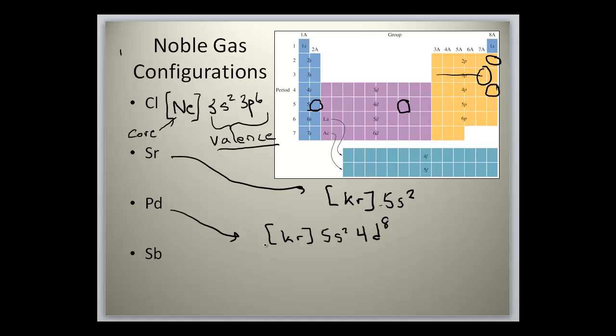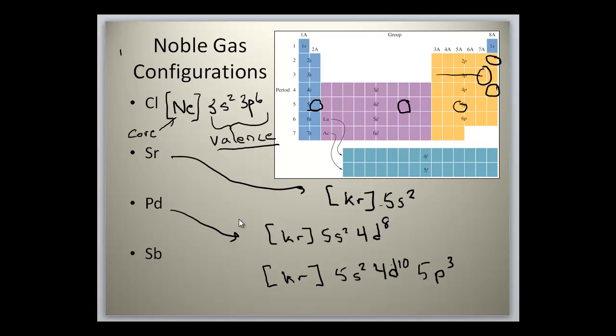And then the last one, antimony, is located right there. So again, we would have krypton, 5s2, 4d10, 5p3. Alright, this might seem a little bit abstract at this point, and that's okay.